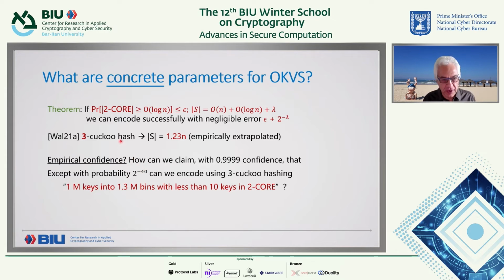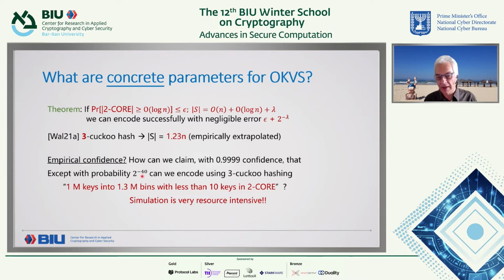I want to map 1 million keys. They say 1.23, I want to use 1.3 million, just to be on the safe side. Will this ensure me that this succeeds with at most 10 keys in the 2-core? I look in the theorem, you cannot find it from the theorem or from the proof. It seems extremely hard to identify the constants there.